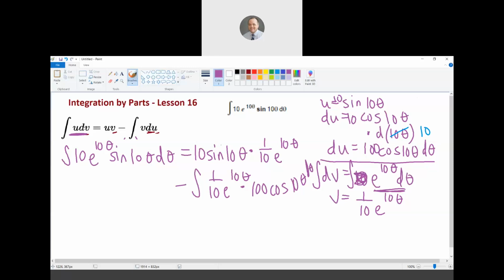Now, a few things we can do before we integrate by parts again. Up here, the tens cancel. And right here, 10 can go into 100 10 times. So let me erase our u, du, and dv parts.